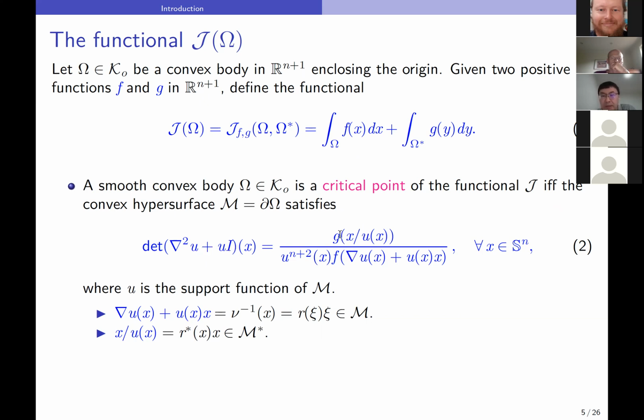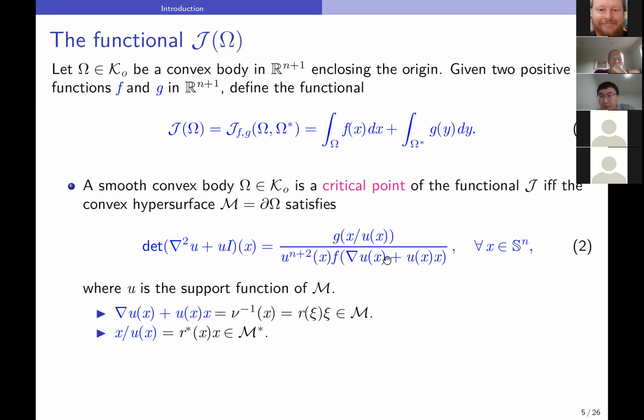The right hand side involves the function G, the support function, and the function F. Here X over U(X), by duality, is a point on the dual hypersurface M star, and grad U plus U(X) times X is a point on our hypersurface M.